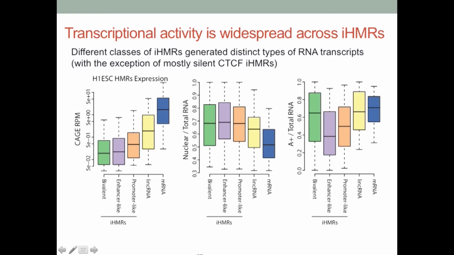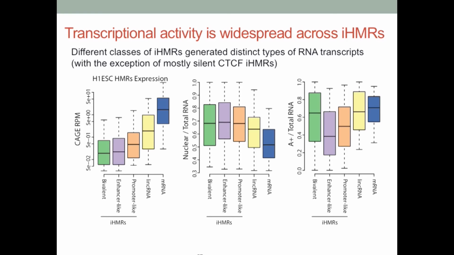And so we wanted to compare transcription at IHMRs compared to mRNAs, lncRNAs, also the different types of transcripts that are generated depending on the way we've classified them. And the take-home message is that different classes of IHMRs actually generate distinct types of RNA transcript, except for CTCF sites, which are very quiet.